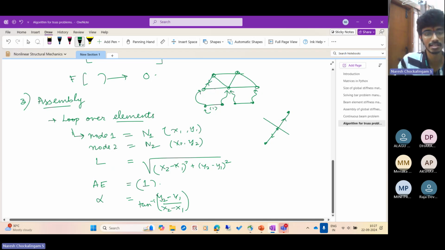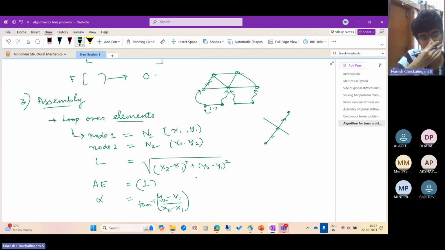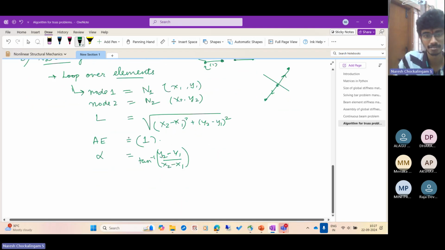So how do we differentiate it? We need some way to do it, right? So for alpha, you have to take cases. You find the magnitude of alpha by tan inverse of y2 minus y1 by x2 minus x1.